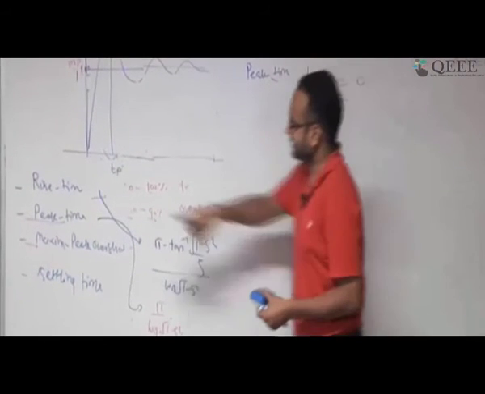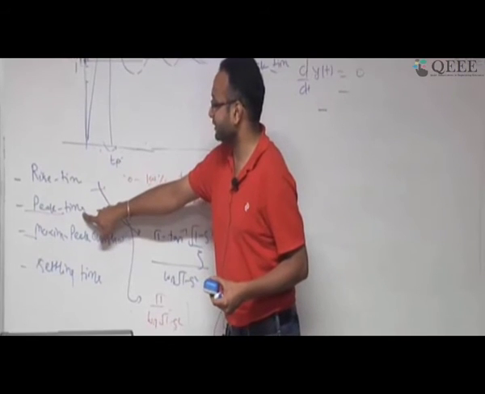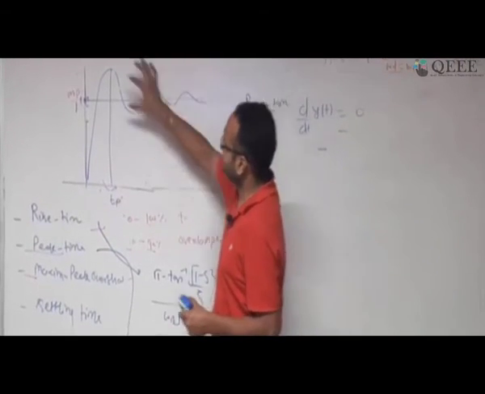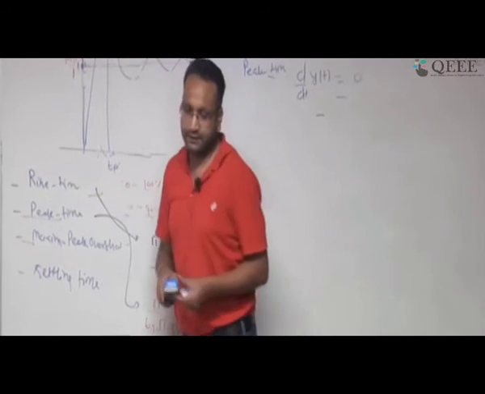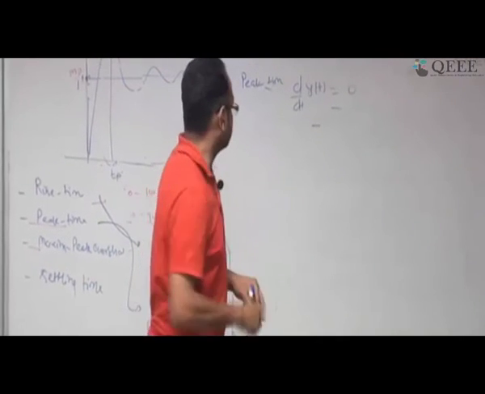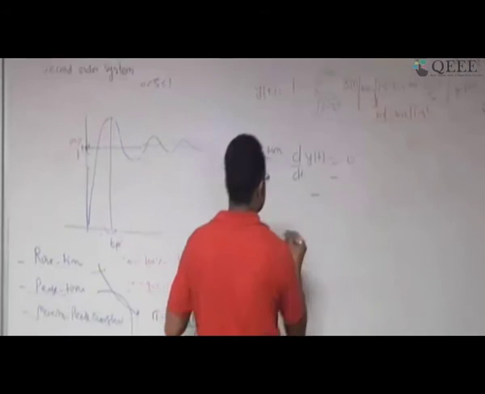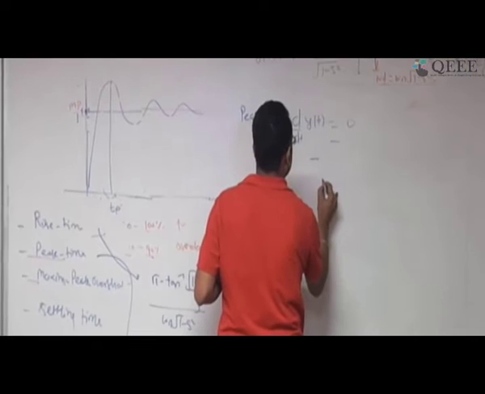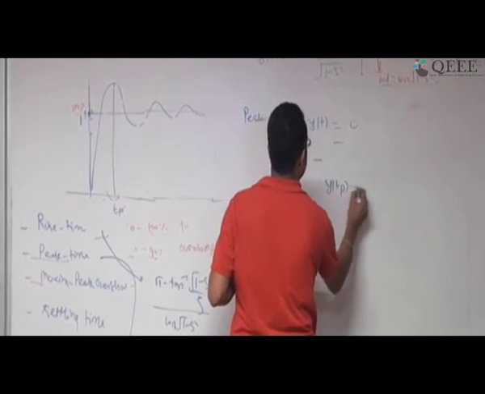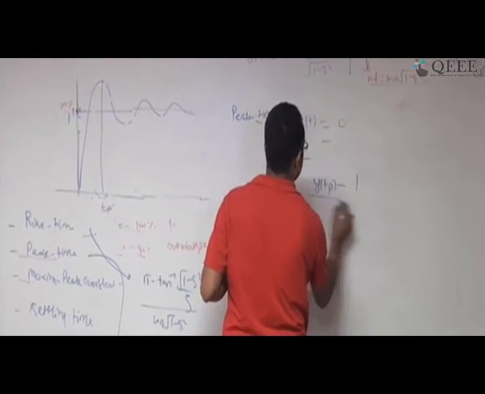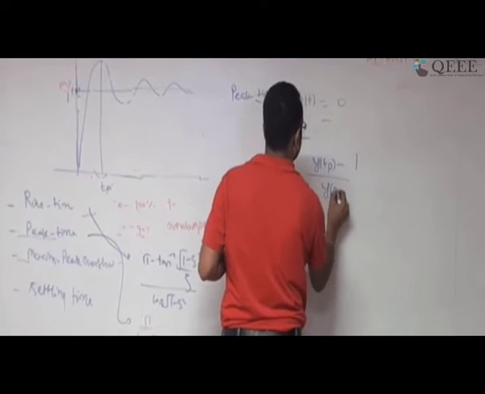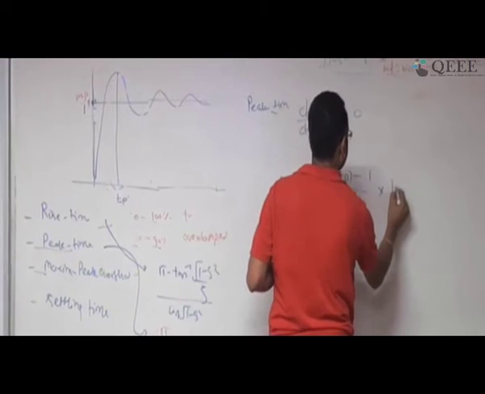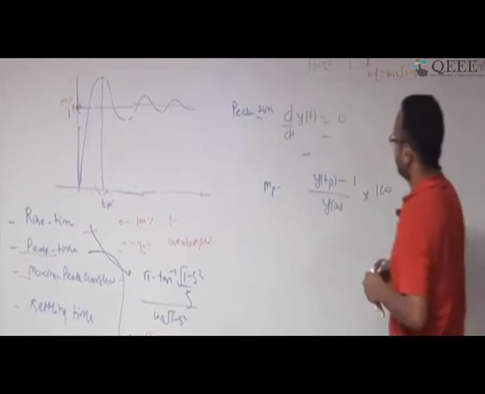Rise time is clear. Peak time we got quantitatively. Now maximum peak overshoot. The maximum peak overshoot is this quantity, and the way it has been defined is this relation. Peak overshoot MP is defined as y of Tp minus y of infinity, divided by y of infinity, into 100%. Correct? What does this mean?